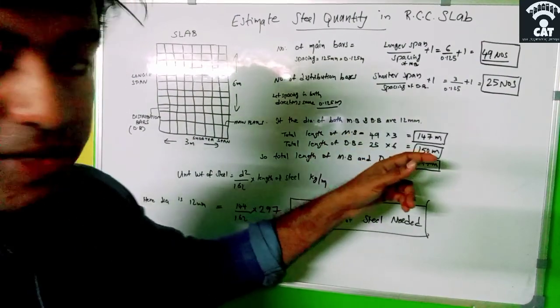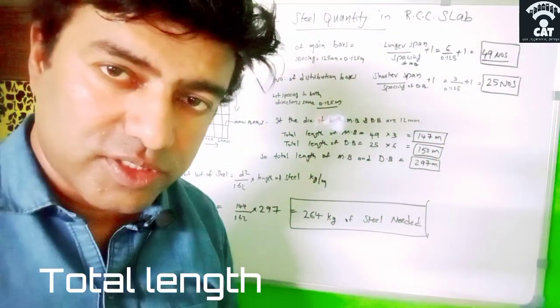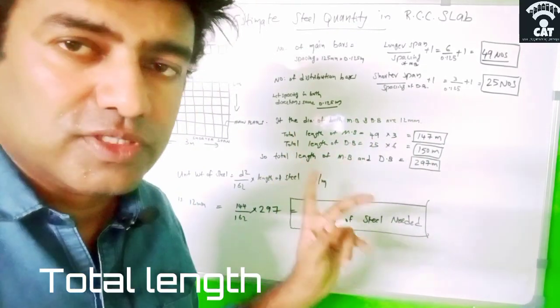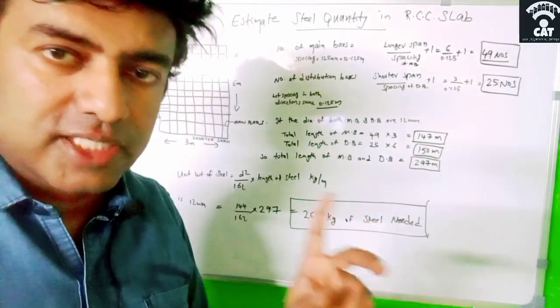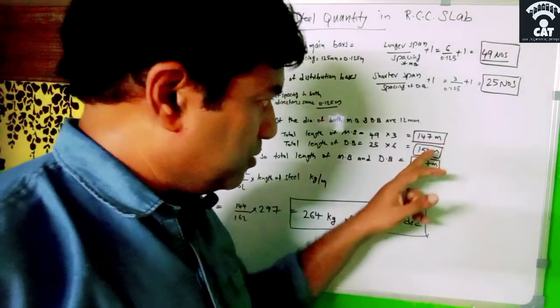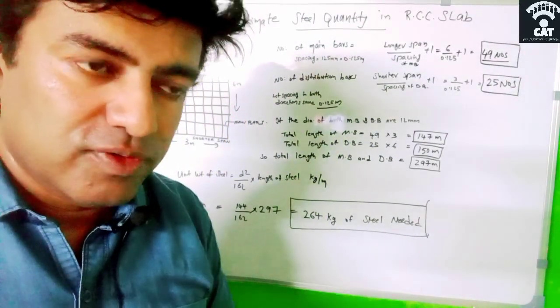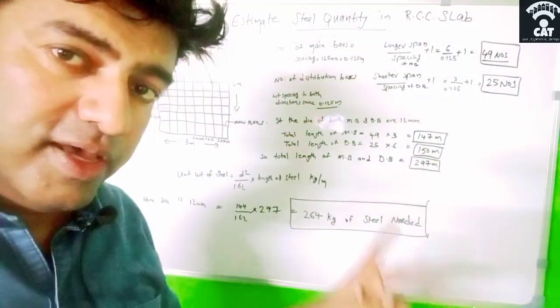So if we add these two, we will get the total steel required for this slab. Since it is of the same dia, we can order it as the same dia. So the total length of main bar and distribution bar comes to 147 plus 150, which comes to 297. So that is the total length of 12 mm dia bar for this entire slab.